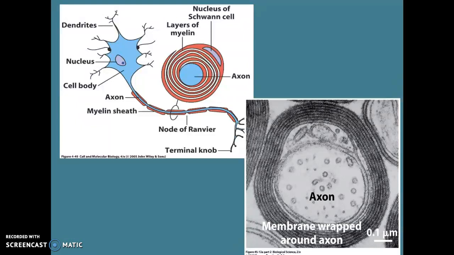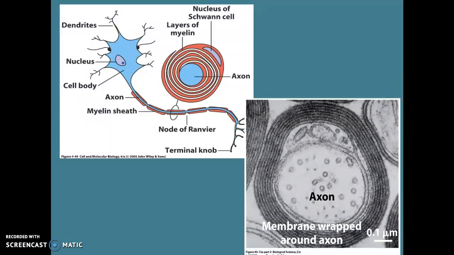And so really, we've got the action potential moving equally and undiminished, jumping from one node of Ranvier to the next node of Ranvier. We call this saltatory current.